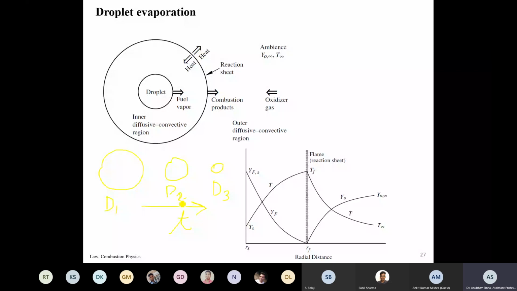You're okay with this? At three different times I'm experimentally measuring the droplet diameter. It will decrease because the droplet is evaporating, so the diameter becomes smaller and smaller. So these are the measured values of the diameters.